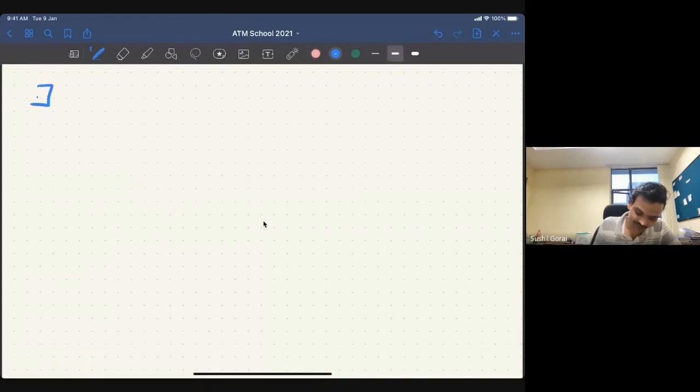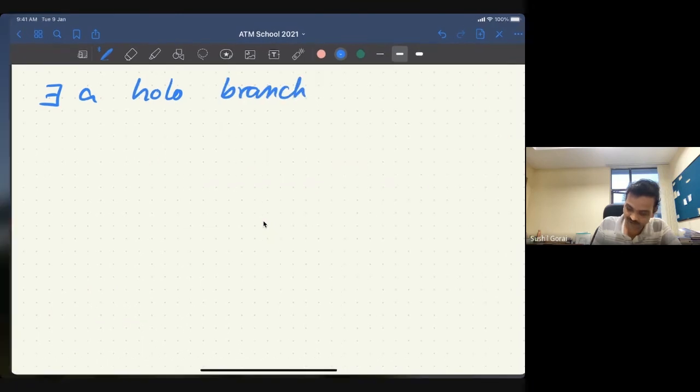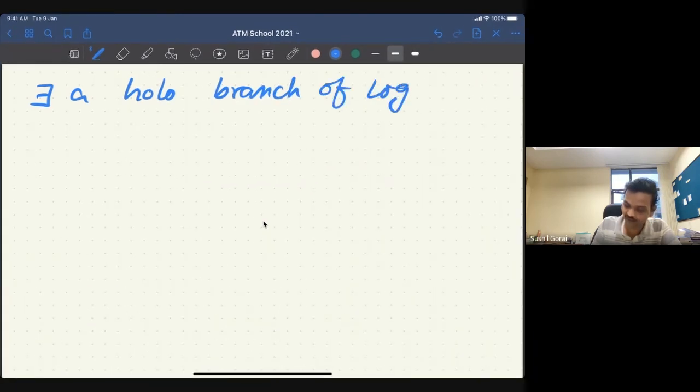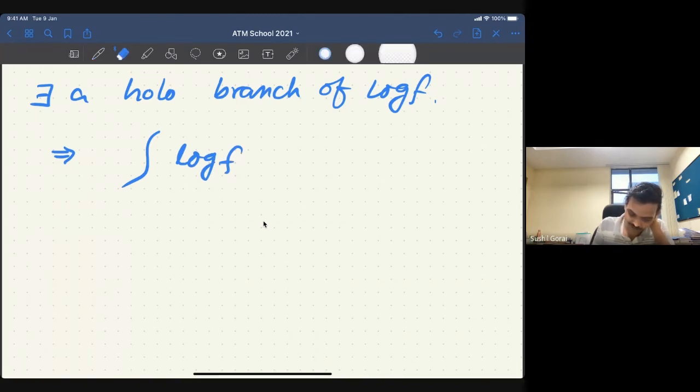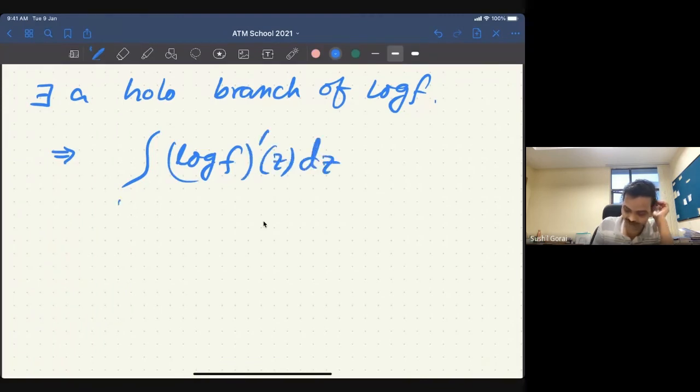So there exists a holomorphic branch of logarithm log f. Now this implies that the integration of (log f)', or log of f whole prime z dz, over gamma is 0, right?